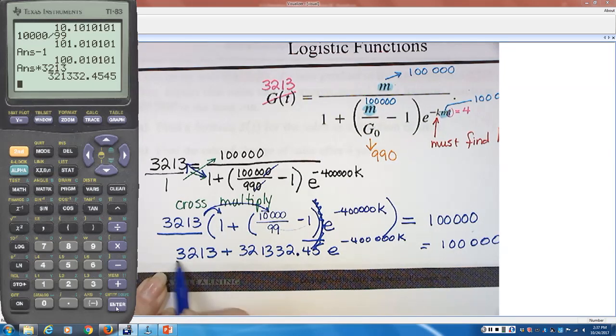And because we've got this on this side, we could subtract this off.